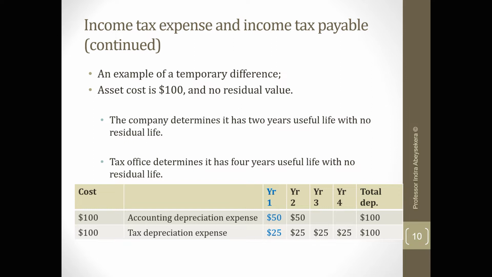Now we are looking at the same asset, and that $100 is depreciated, and the total depreciation is equal to $100 in both instances, but the amount in a given year is different because of the differences in the rules in the two paradigms.